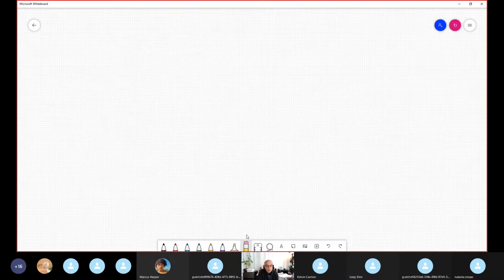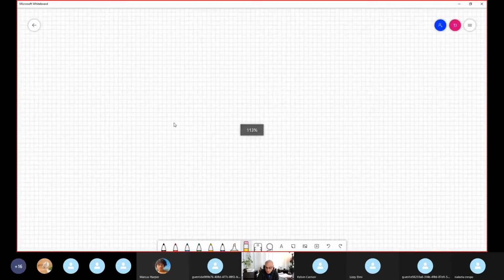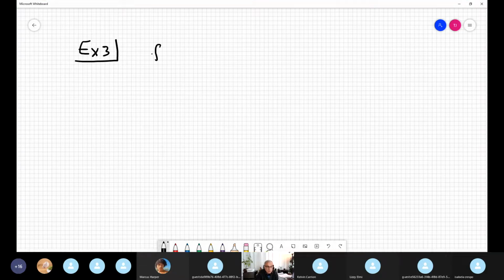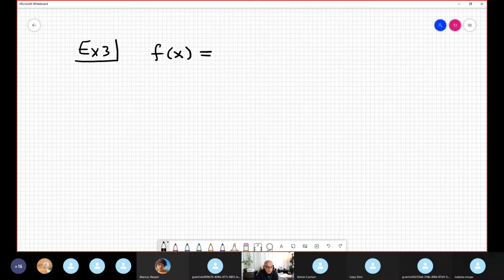Not hard. This example 3 can belong to the collection of easy ones. f of x is equal to x to the 6th power minus 3x to the 4th power minus 4x to the 2nd power.